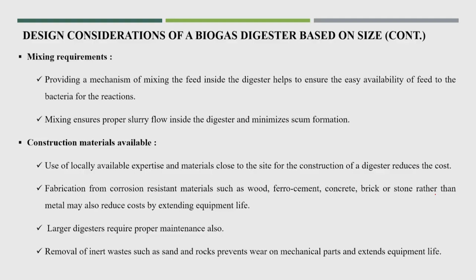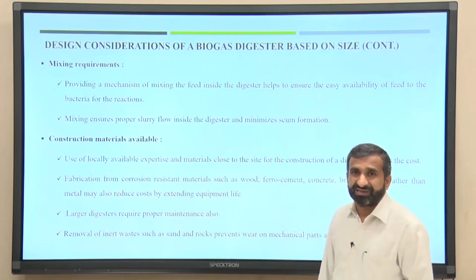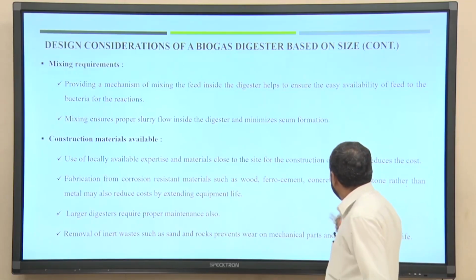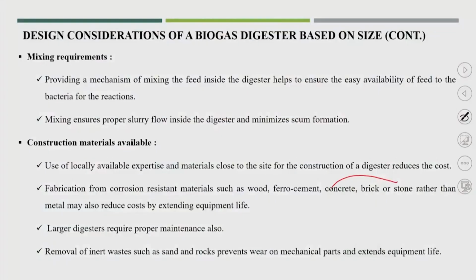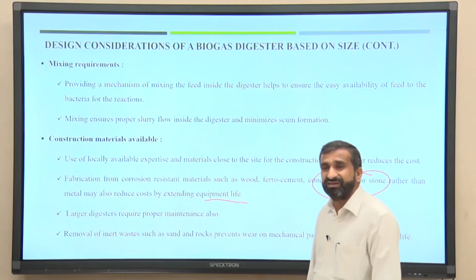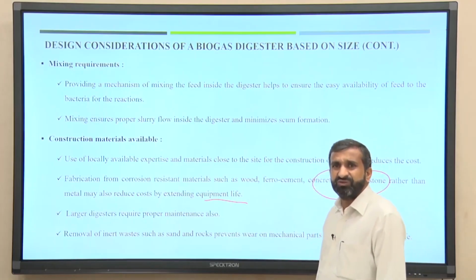That is why in most of the rural areas in India, this biogas reactor has been constructed with concrete and bricks or stone to increase the equipment life, or the life of the entire reactor can go up to 20 years, 25 years, and maintenance also could be easy.